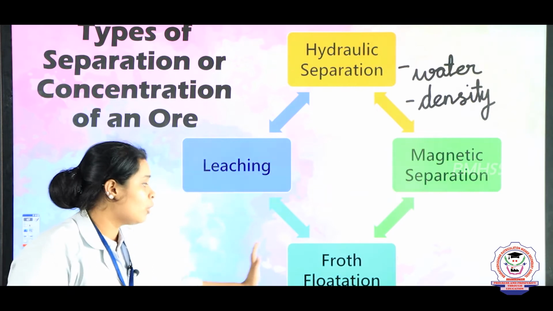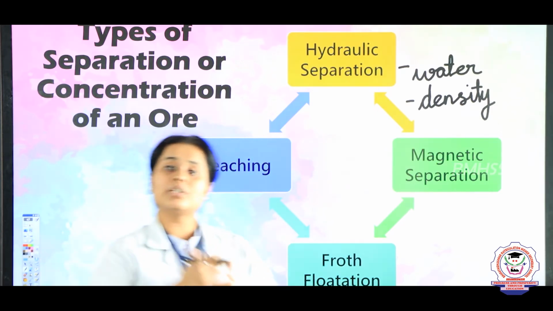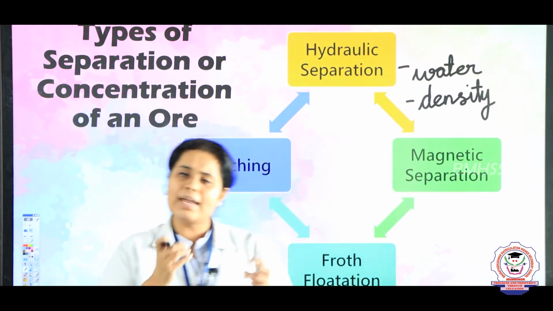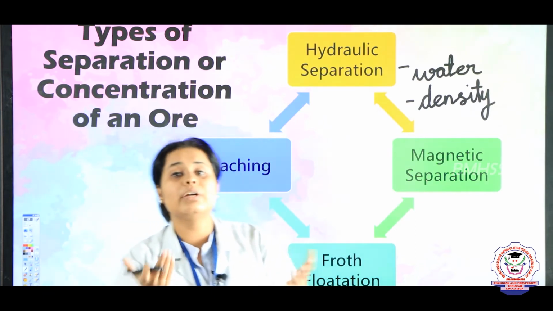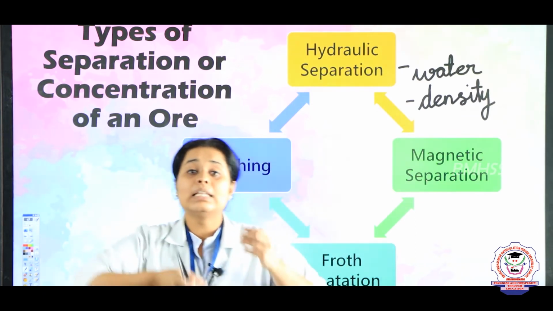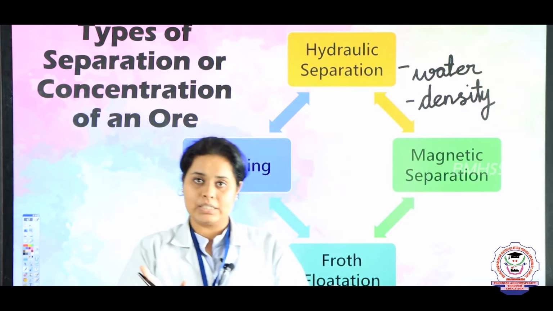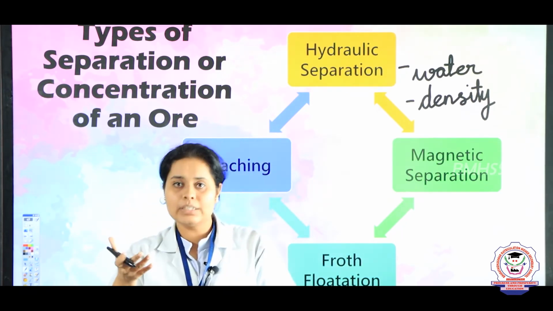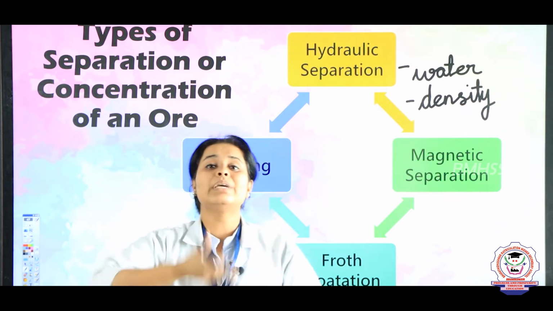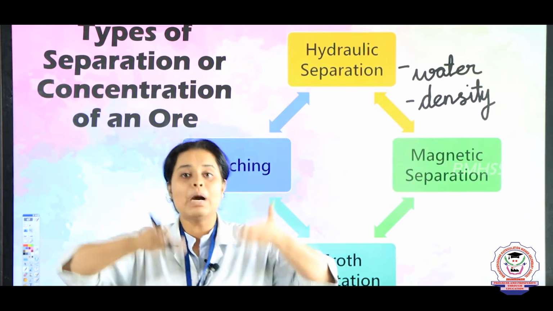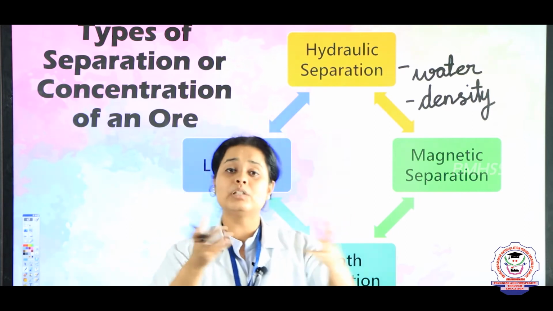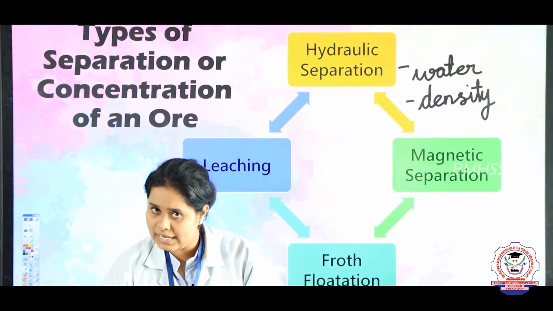Then froth flotation. In froth flotation some kind of oil and a liquid are added so that the lighter particles of your mineral, for example sulfides, which are light in weight, mix with the foam and come up, and the dark particles or gangue particles settle down.